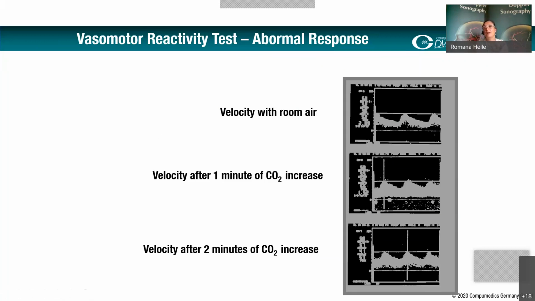So it's stiff, and most probably this patient will have arteriosclerosis or some kind of stenotic process, which means that the regulatory part cannot happen.